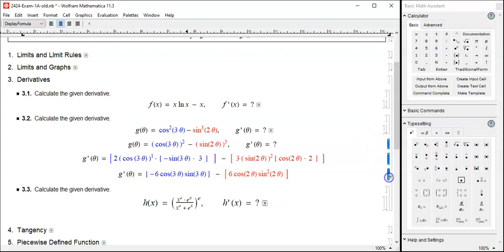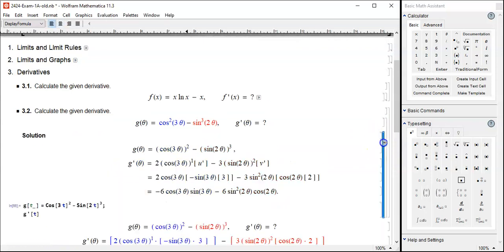Okay, all right. Let's see, do I have answer key here? Okay, all right. Okay.